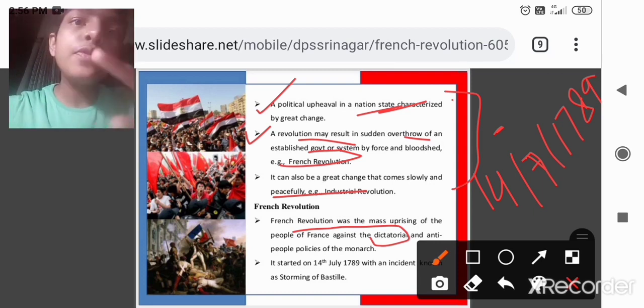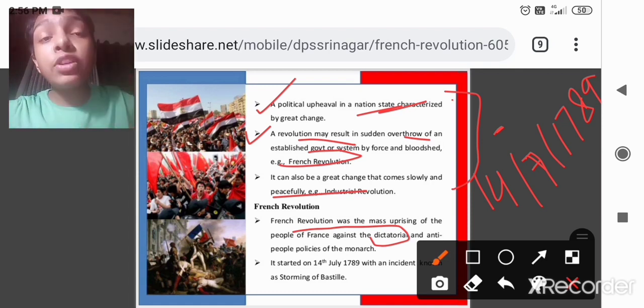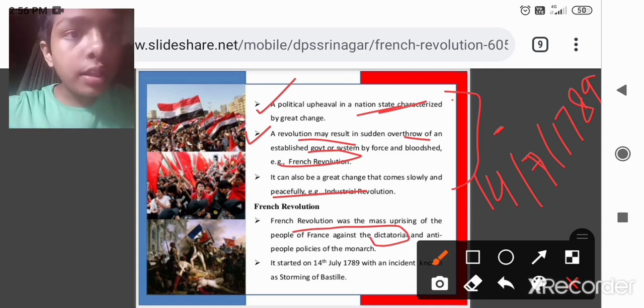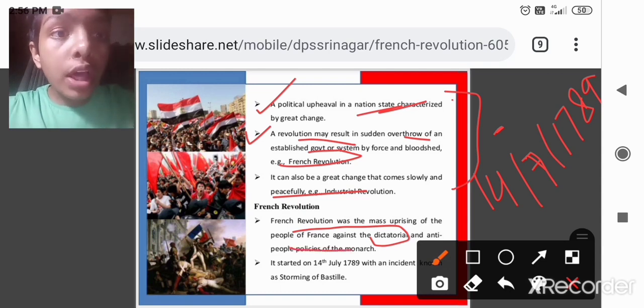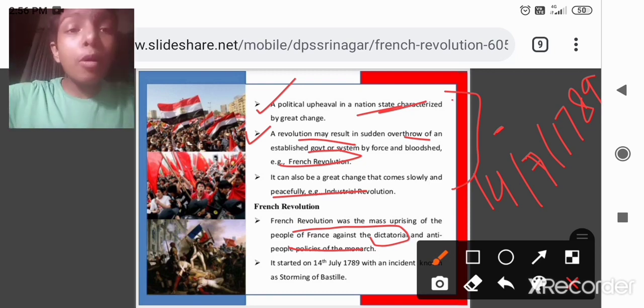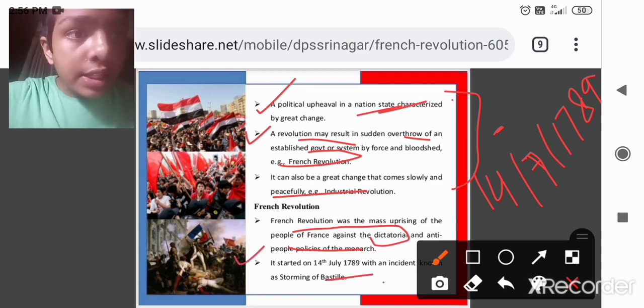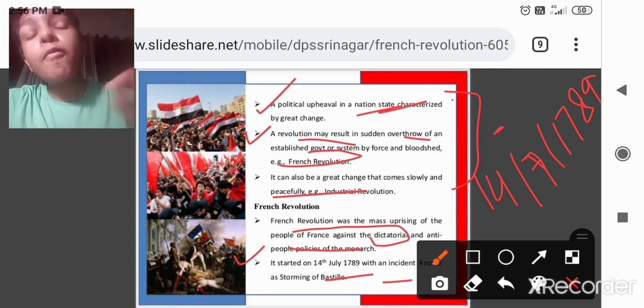Right now in France we have democracy, but at that time the king was Louis XVI, about whom we are going to study further in the second session. We will also talk about his bad policies. It started on 14th July 1789 with an incident known as the storming of the Bastille.